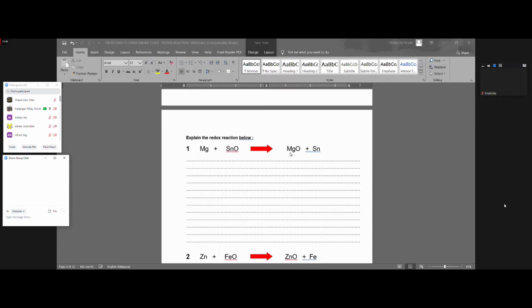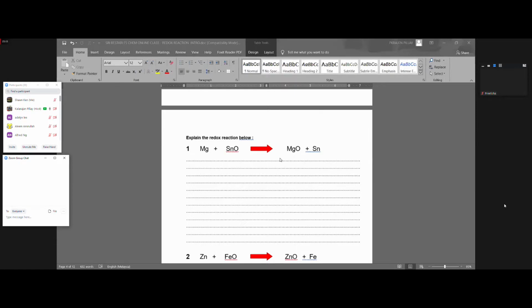Put a bracket there, oxidation. The process is oxidation. I want you to write all in words, because in SPM they want you to describe in words.